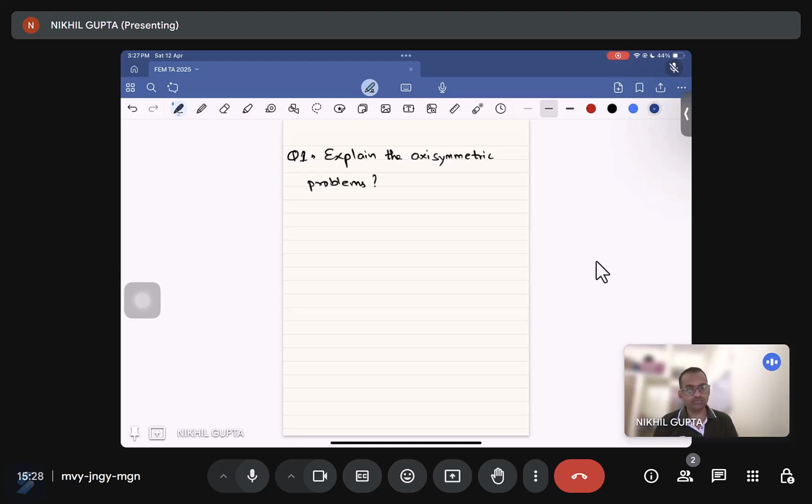So till now, what you have understood in class, two cases have been discussed, one is plane strain, one is plane stress. The third specific type of problem which you will get in the questions is the axisymmetric problem. So let me show you the cases which you have understood till now. The first one is plane stress.